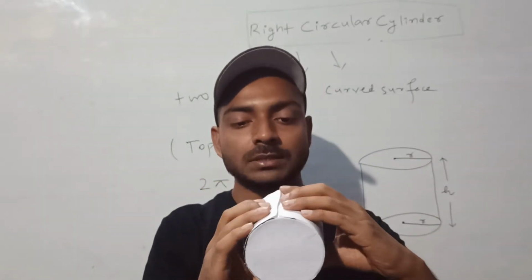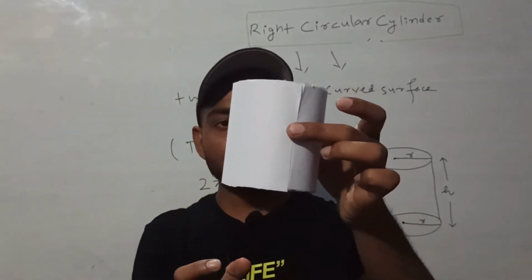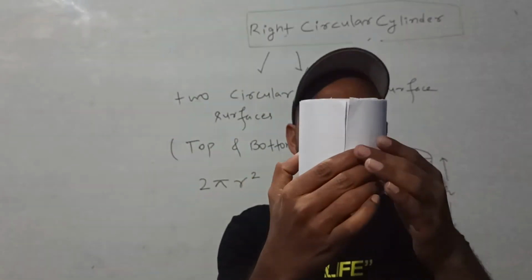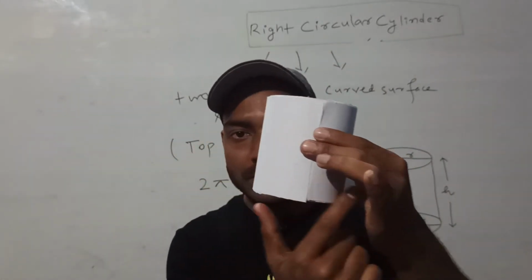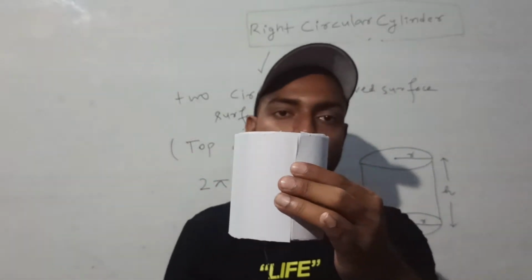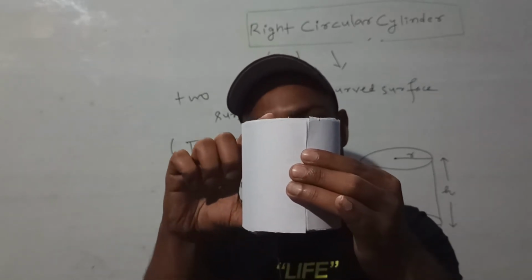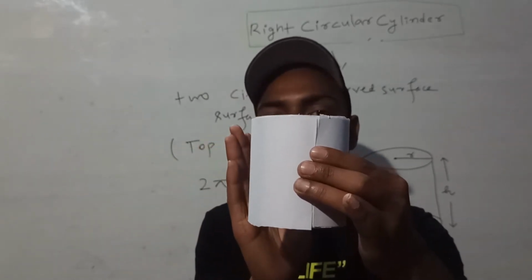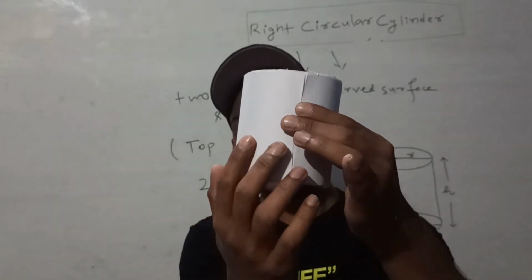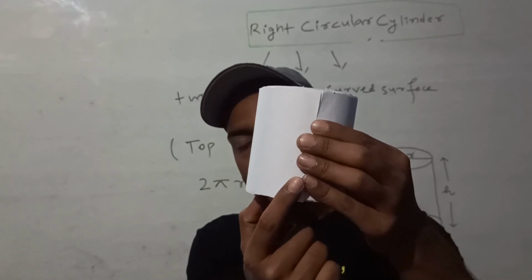As you can see, this rectangle after folding has completely covered the total curved surface area of this cylinder.